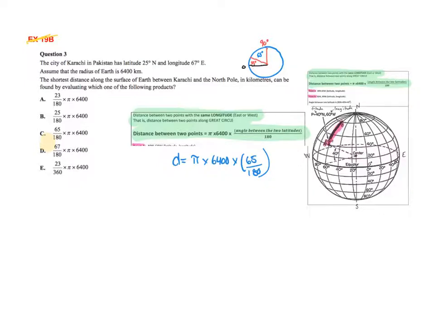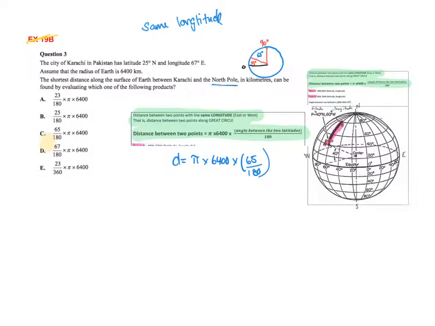So if we're doing that, if you're going to find the shortest distance, you're going to be going on the same longitude, yeah? So we've got that we're on the same longitude here, because you're on the surface of the earth and you're just going to go around.